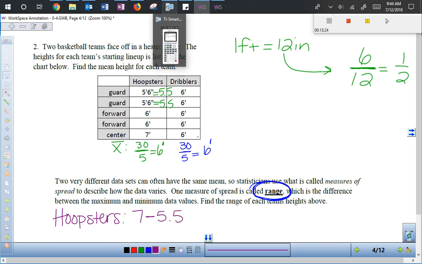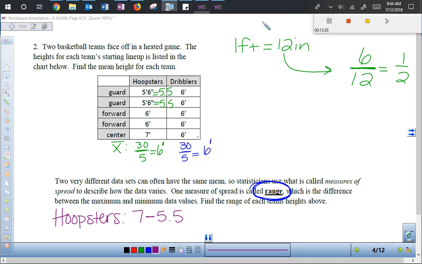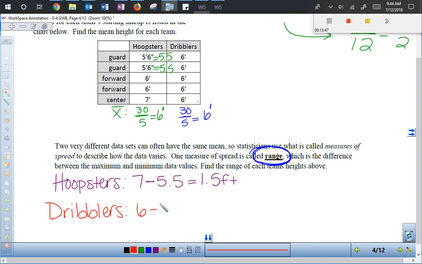So we can use your calculators to do that. 7 minus 5.5 gives me a range of 1.5 feet. Now we can do the same thing for the dribblers. We want to take the maximum height, which is 6, and subtract the minimum height, which is 6, and we get a range of 0 feet.